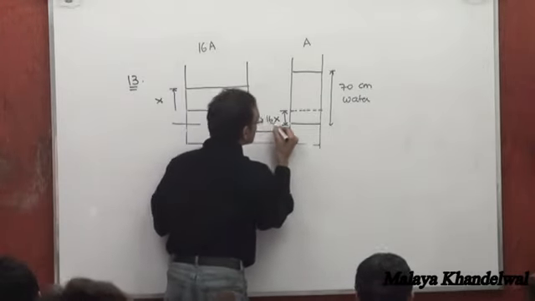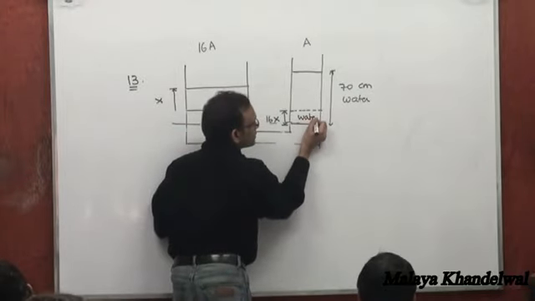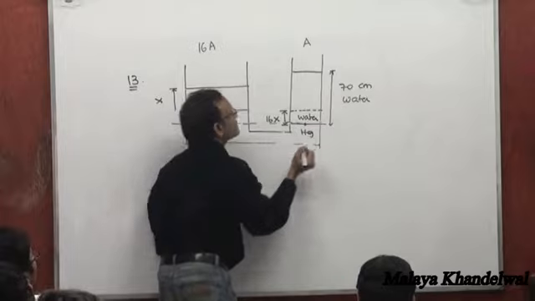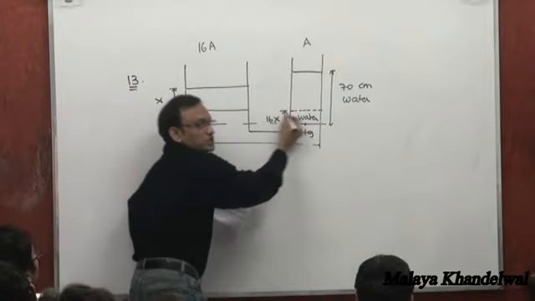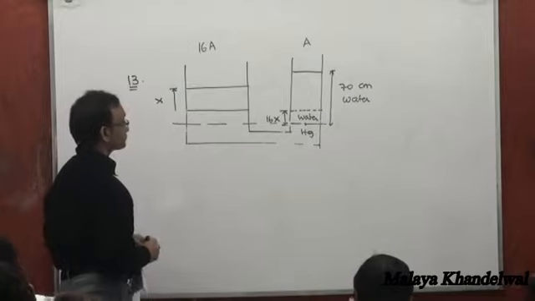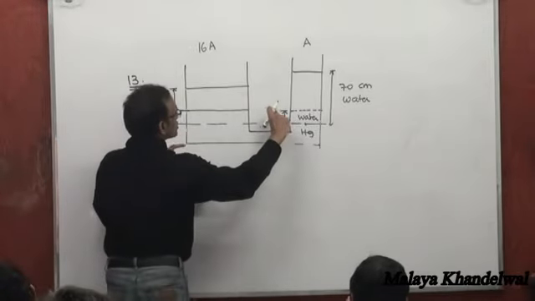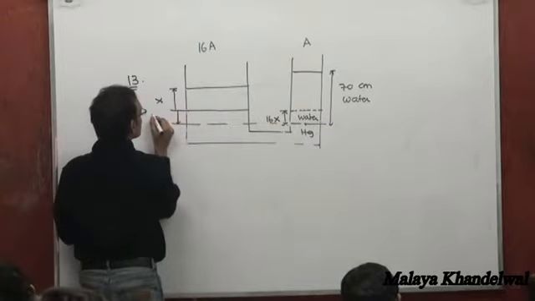Now, this is the interface between water and mercury. So at this interface, I equate pressures in the two lengths. Now, this was x, this is 16x, this is also 16x.